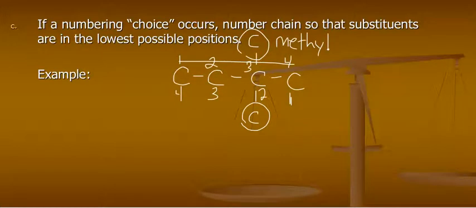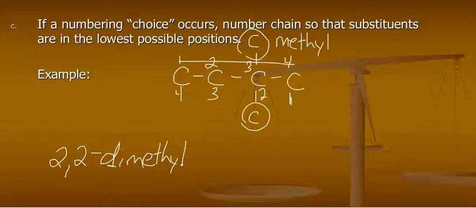There's 2 methyls, and they're going to be on carbon 2. So we're going to say 2,2-dimethyl. So they get the lowest possible number, not 3,3, but 2,2, because we're numbering from right to left. And then the longest chain is 4. 4 is but. So 2,2-dimethylbutane for this compound.